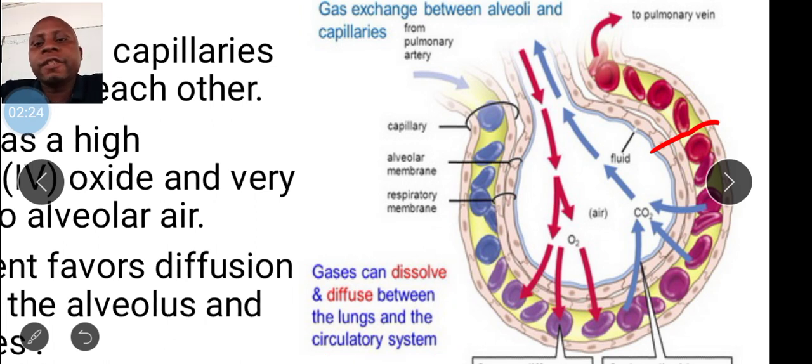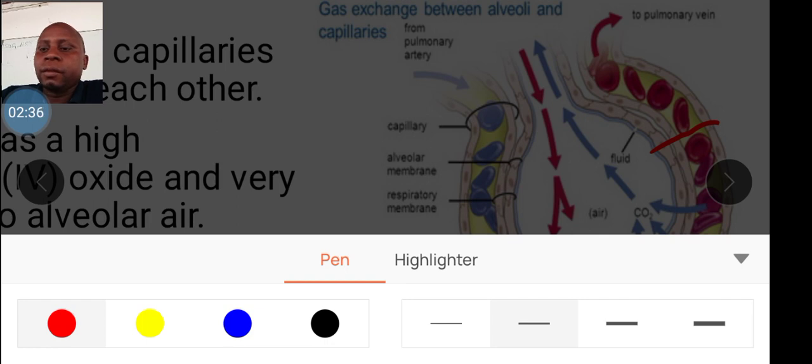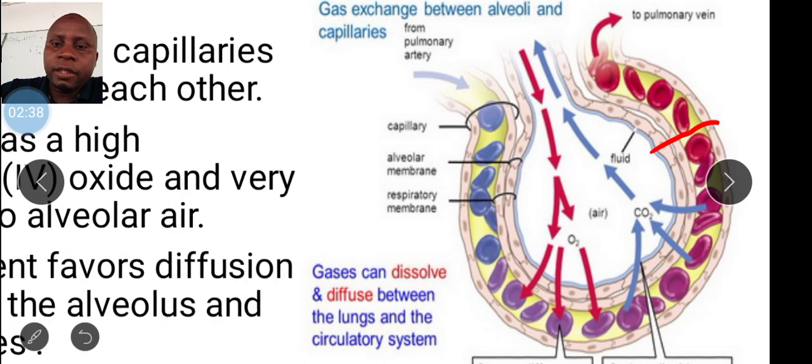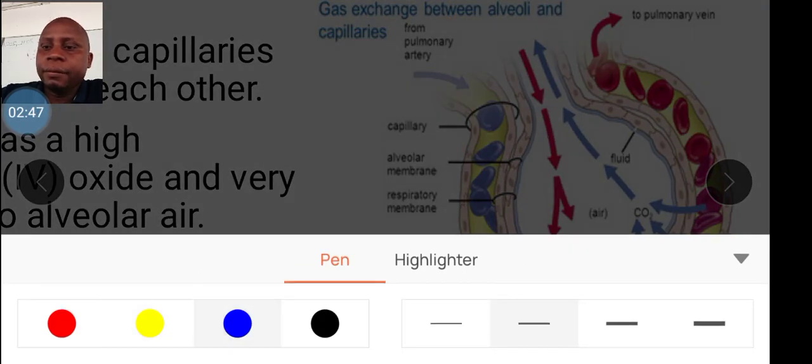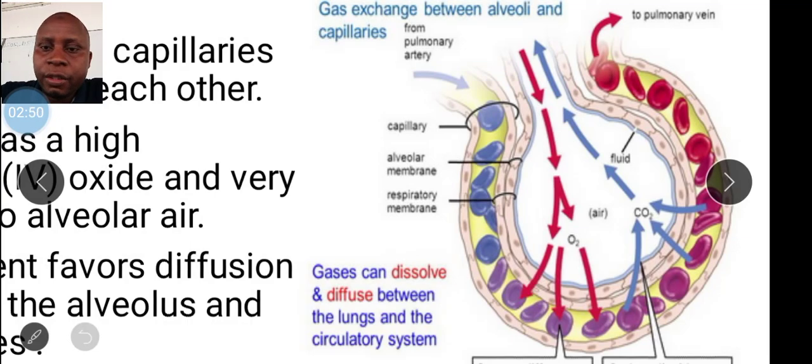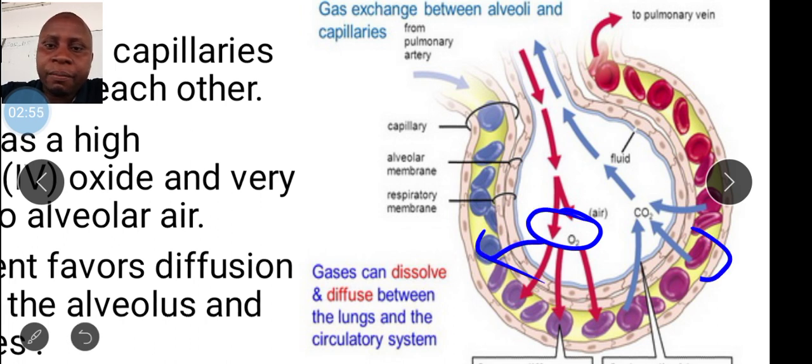Now, how does gaseous exchange occur? So gaseous exchange refers to the movement of oxygen into the blood and carbon dioxide from the blood into the alveolus.